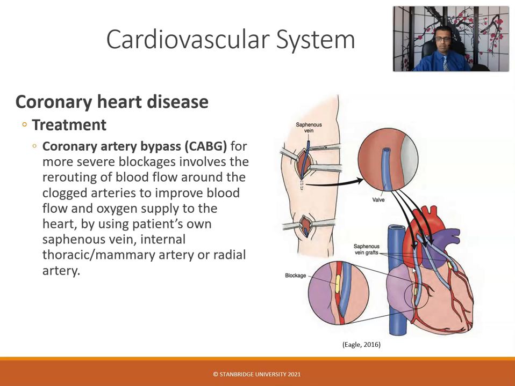So that's a triple bypass. You've heard triple bypasses, quadruple bypasses, etc. So they're getting blood supply to the rest of the body here. See, you have a clogged artery here, you have a clogged artery here. Well, they're going to bypass that and then supply blood there, supply blood here. Okay.